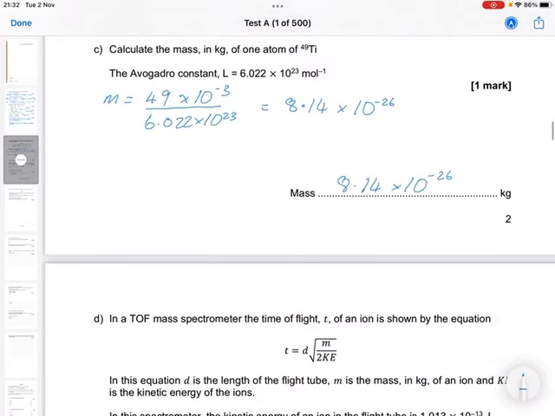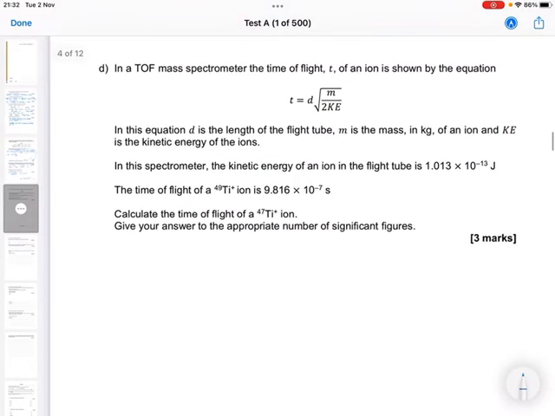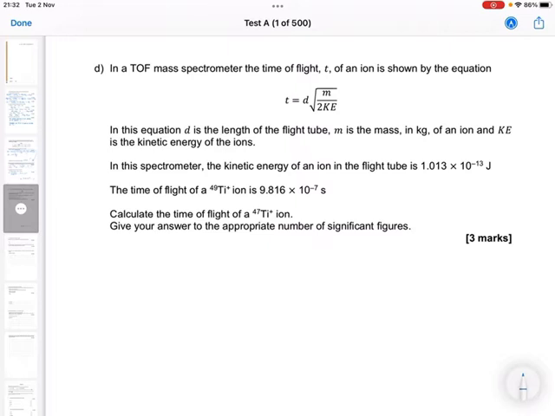And then part D. A time of flight mass spectrometer has an ion, shown by the equation. In this equation, d is the length of the flight tube, m is the mass in kilograms of an ion, and KE is the kinetic energy of the ions.